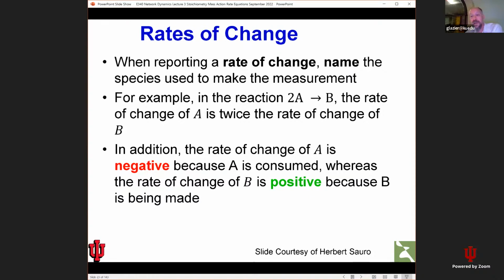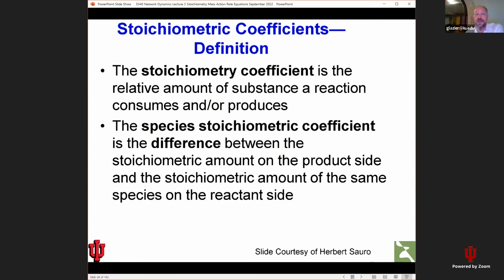We have to decide what our convention is for that. In addition, we're destroying A and we're creating B. And so we have to decide whether that rate is positive or negative sitting on the arrow. And there's a standard convention for handling this, disambiguating this problem.